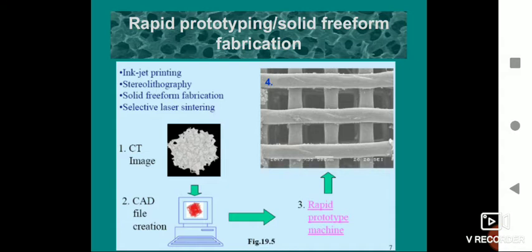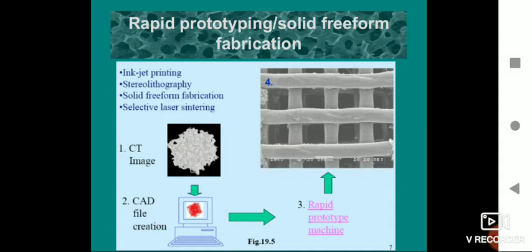You can see the rapid prototype machine is almost like your 3D printing machine, which will print the structure of the scaffold with the material that you have given. Any polymeric material that you want is fed in, and the image that you want, the structure or the pore size that you want, all that is fed as a CAD file into the system.